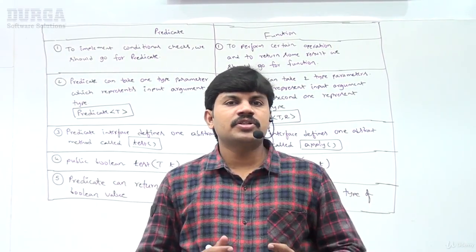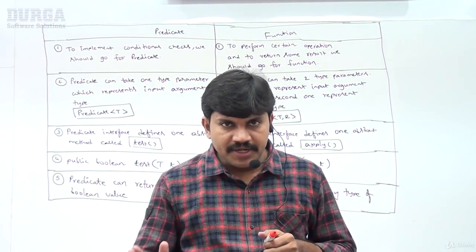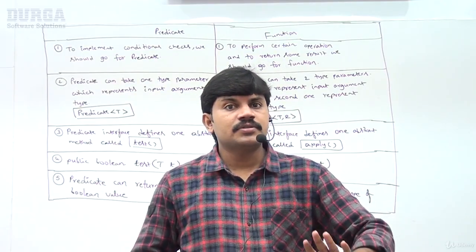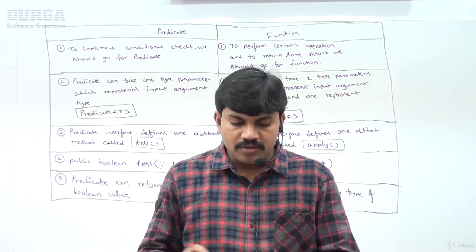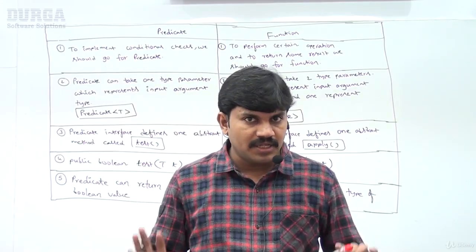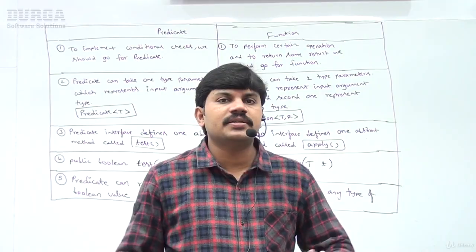Just to get much clarity, let me summarize all the differences between predicate and function. Both are functional interfaces, both introduced in version 1.8 only. Both are present in the java.util.function package only. But what are the remaining differences? I mean, what are the next level differences?